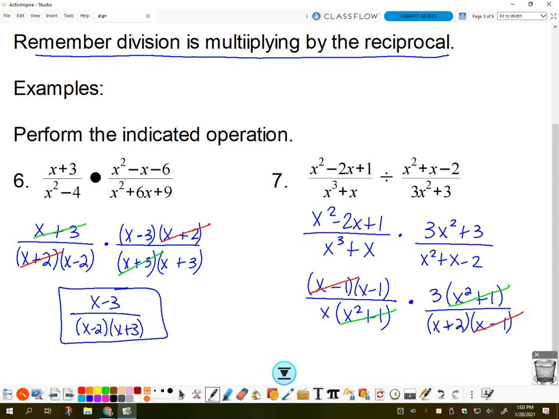And I believe that's all. So in the numerator, we have an x minus 1 and a 3. We like to put the single numbers in front, but it's multiplication. It can happen either way. And in the denominator, we have an x and an x plus 2. And we are finished.